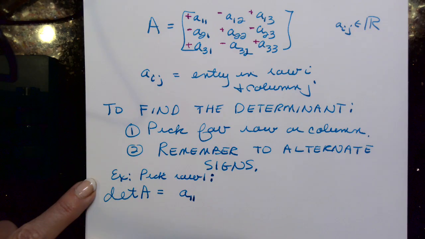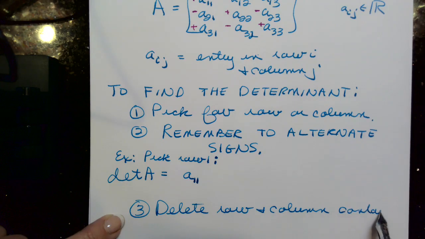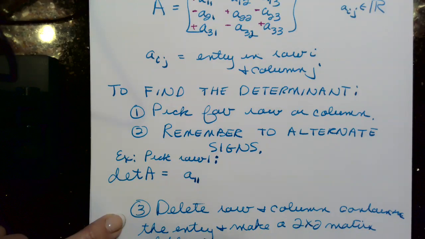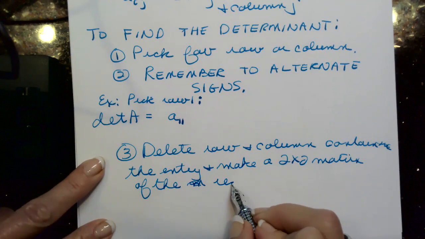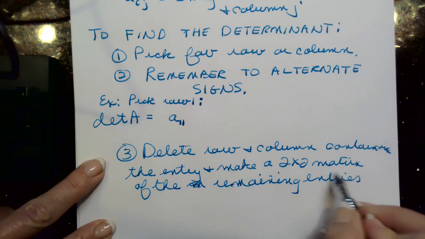And now, step 3, I delete the row and the column containing the entry and make a 2x2 matrix of the remaining entries and calculate its determinant.